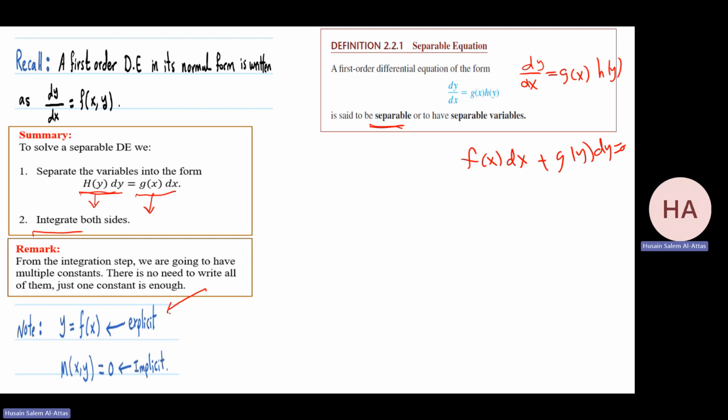Sometimes they can ask you to find an explicit solution, so you need to solve for y. Sometimes you can just leave it as an implicit solution. It depends on what they want, especially for the MCQ exam. Yeah, they can force you to make it explicit.